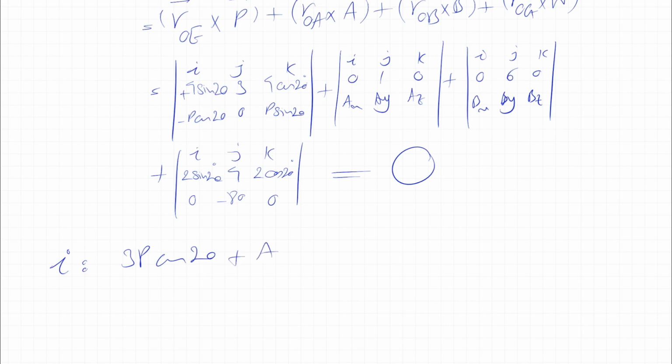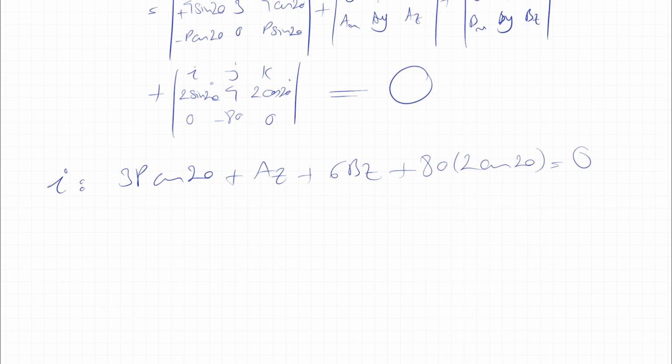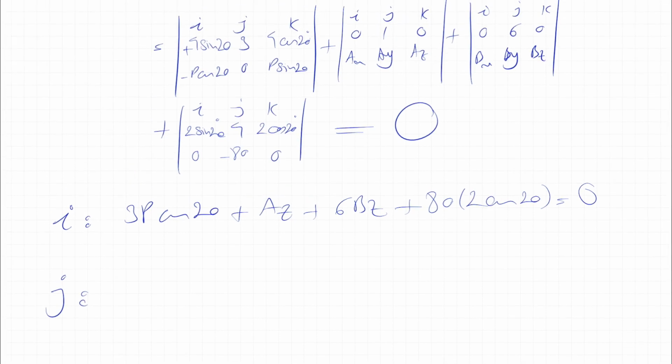Looking at the second matrix, we'll have AZ minus 0. The third one we have 6 times BZ, and the last one we'll have 4 times 0 minus 80, which will be 80 times 2 cosine of 20, equals 0. That's our first equation.